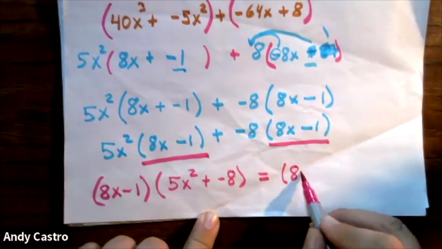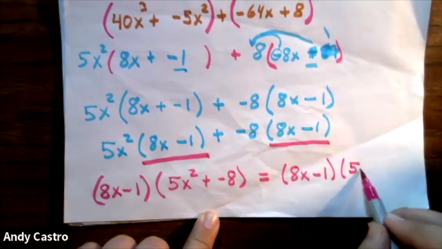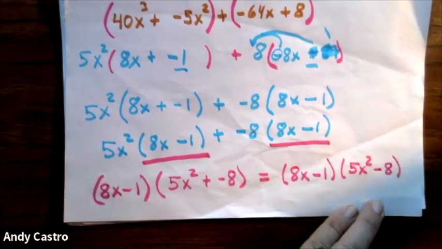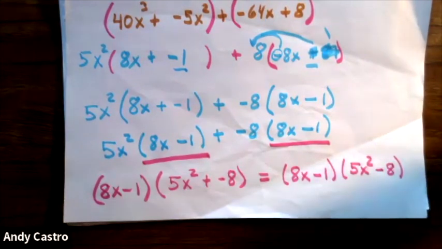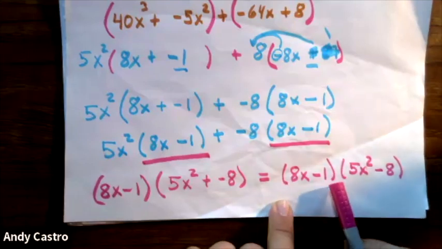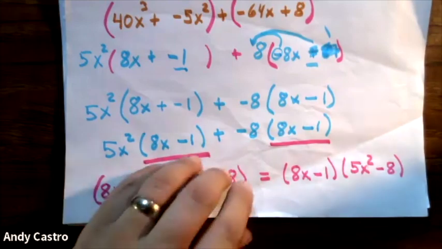So I'll just rewrite this in simplest terms. 5x squared minus 8. And that's your final answer. 8x minus 1, or the quantity 8x minus 1 times the quantity 5x squared minus 8. All right, good job.